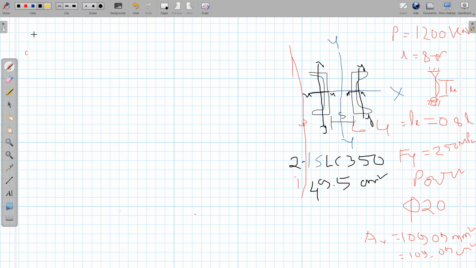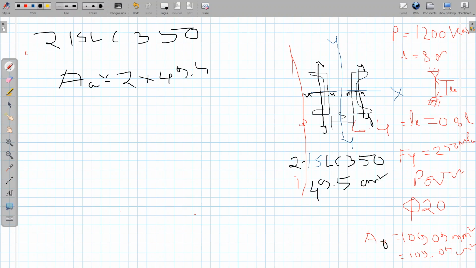So for 2 ISLC 350, what is the area? That was the area required. So the area available is equal to 2 into 49.5, which is 99 cm square, or if you want to convert into mm square, then 9900 mm square.